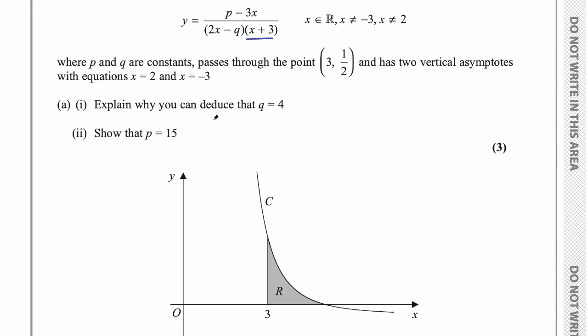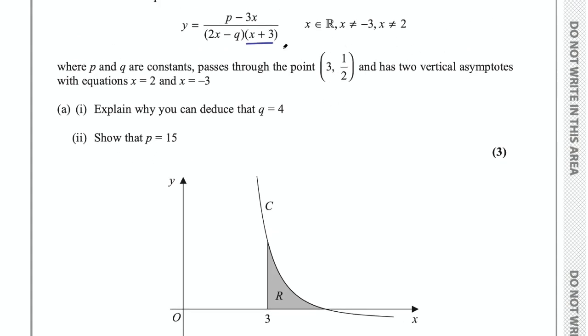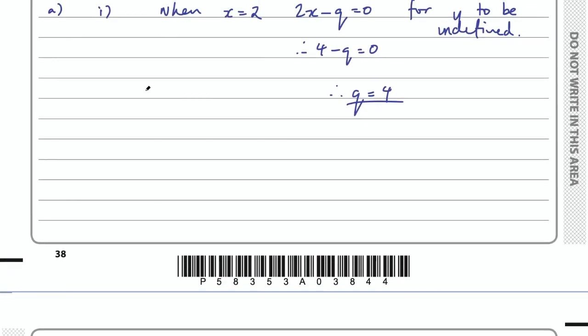And for this, we can use this point that they give us on the curve, plug it into y, and then find p. So let's go ahead and write that expression down below for part 2. Well, we just found q equals 4. So we've got y equal to (p take 3x) all over (2x take 4) multiplied by (x plus 3).